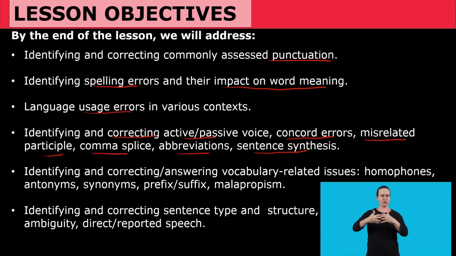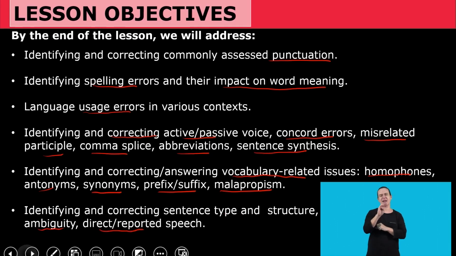Identifying and correcting or answering vocabulary-related questions on homophones, antonyms, synonyms, the prefix and suffix, and the malapropism. Identifying and correcting sentence type and structure, and also ambiguity, direct or reported speech.